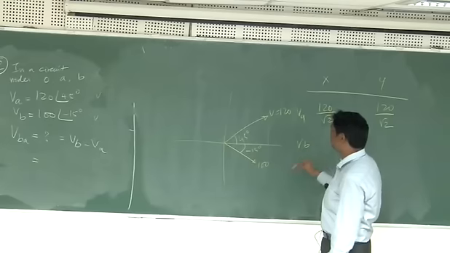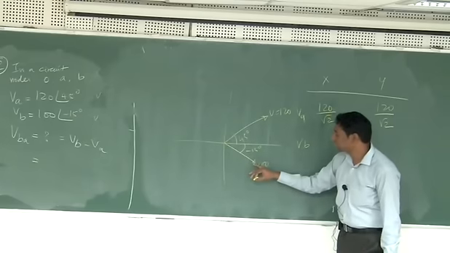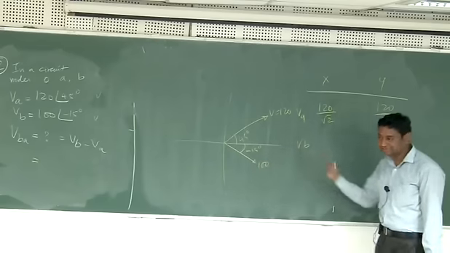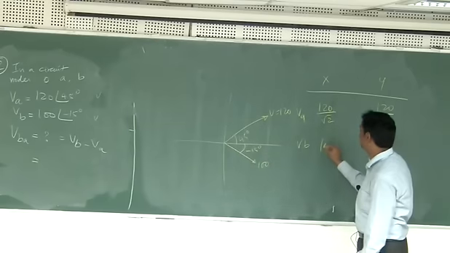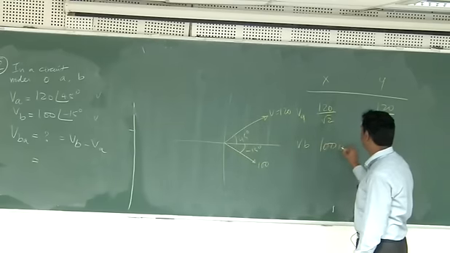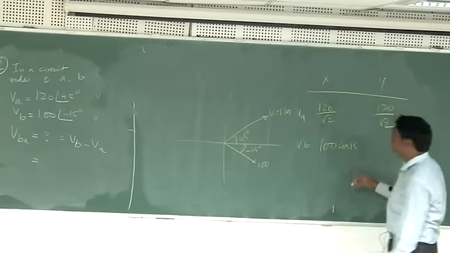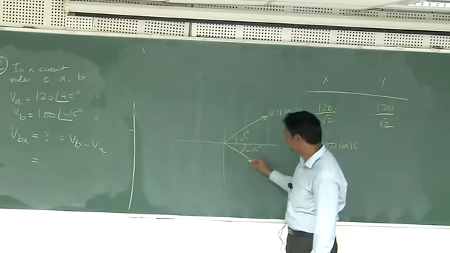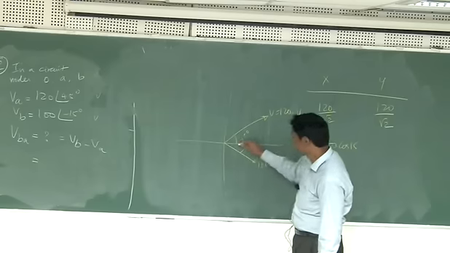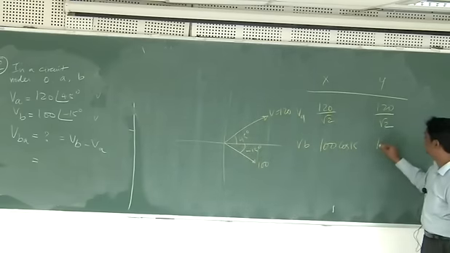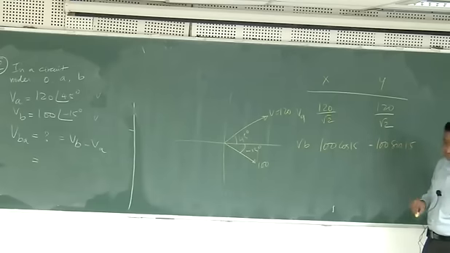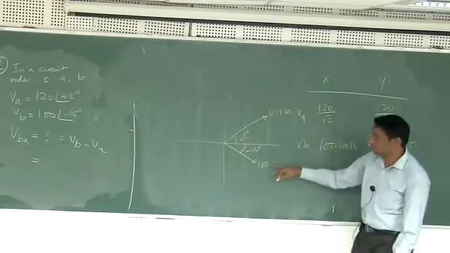So VB, what is the x-axis for VB? 100 into cos 15, because 15 is measured to the x-axis. So this will be 100 into cos 15. And what is the y-axis of this one? Because it is going down, and then this is sine. So I can write 100 into sine 15 with a minus sign, because it is going down.